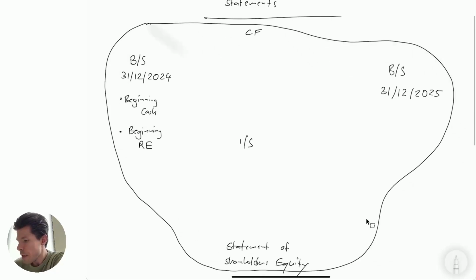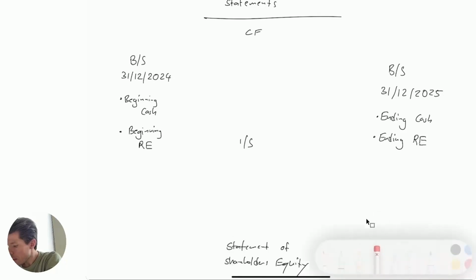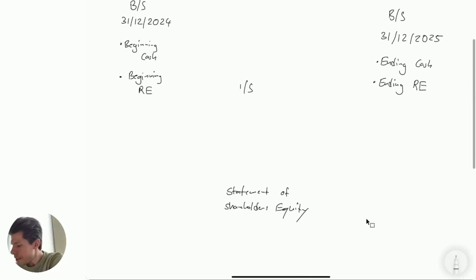And then you have a new ending cash here, ending cash, and ending retained earnings, and then your ending cash for the next period would then be your beginning cash. So just don't get confused. Why am I using the old balance sheet and call it beginning cash? It's because the cash position in your balance sheet as of 31st December 2024 will be your beginning cash for the next period.